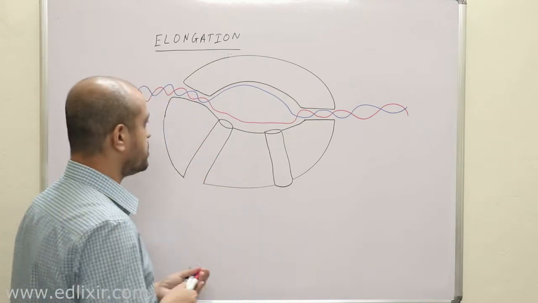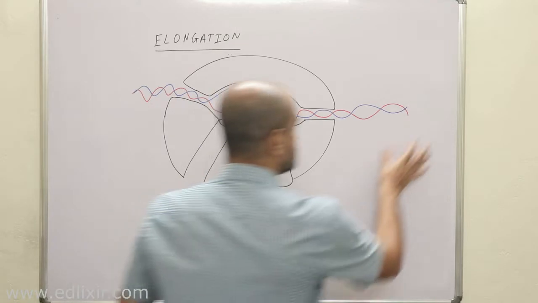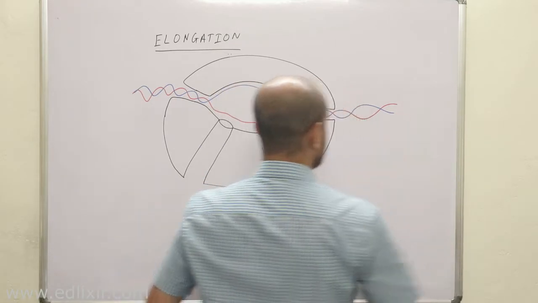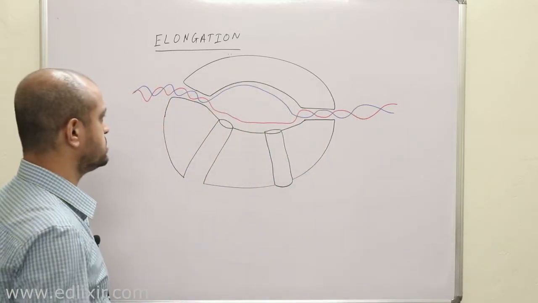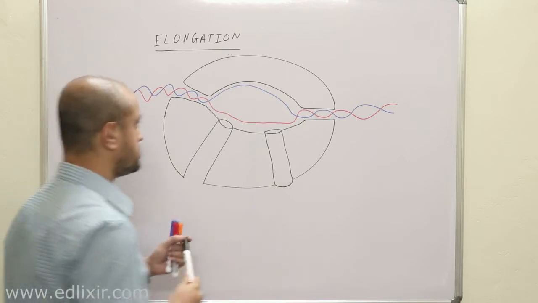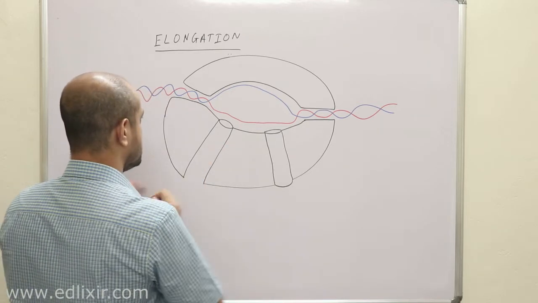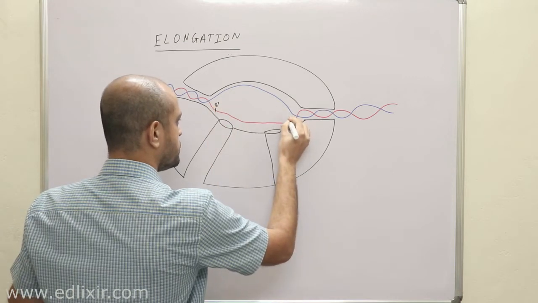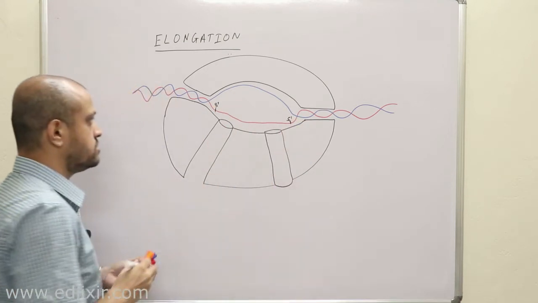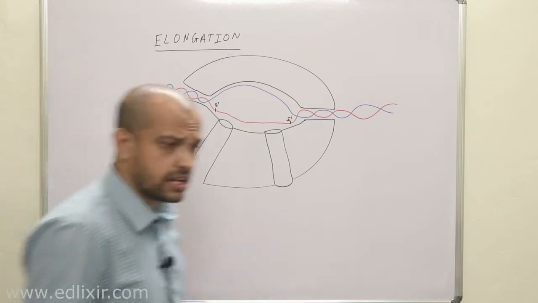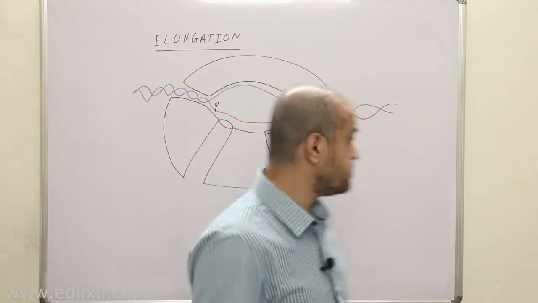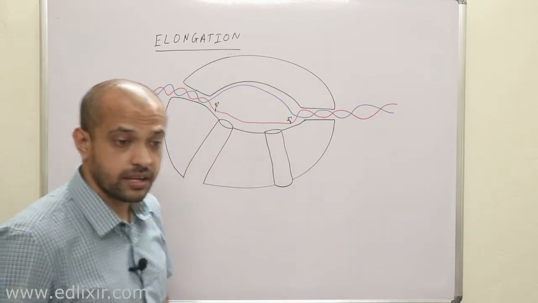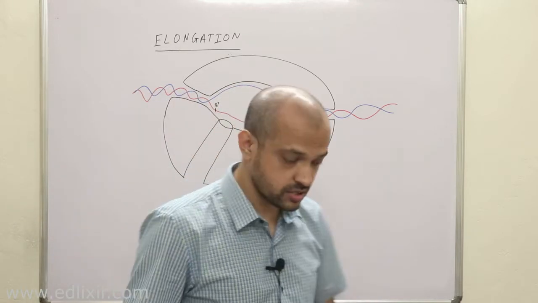Now a very important point you need to understand here: suppose this red one is your 3' end, and this is your 5' end. Okay. Now listen, RNA polymerase has a special function: it does not require any primer for the initiation of transcription.